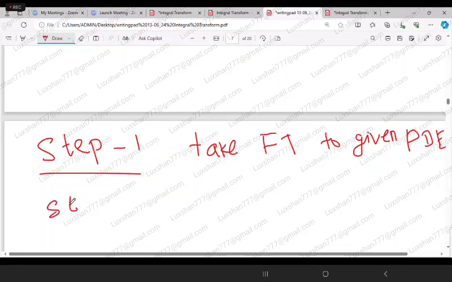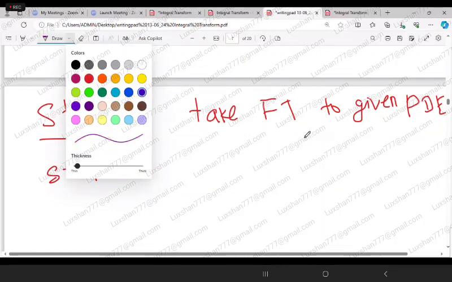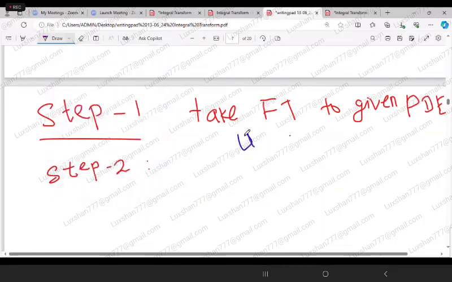Step number two: you find d u bar over dy. Because of this result, you will get u bar. If you take the Fourier transform, you will get the solution u bar.